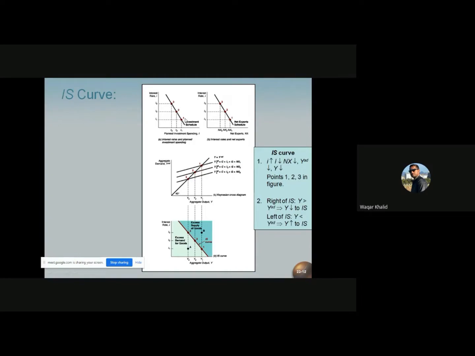So we are moving from point 1 to point 2. And again, if the interest rate rises from i2 to i3, our planned investment spending decreases from I2 to I3. Now we are moving from point 2 to point 3 on the investment schedule.